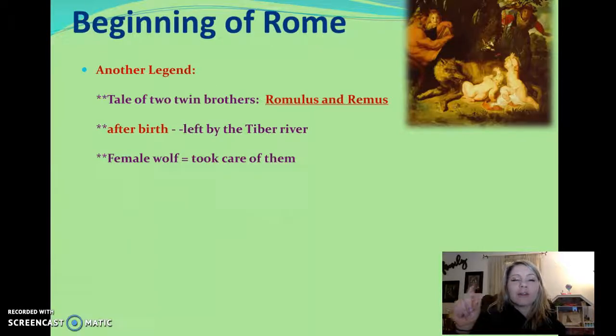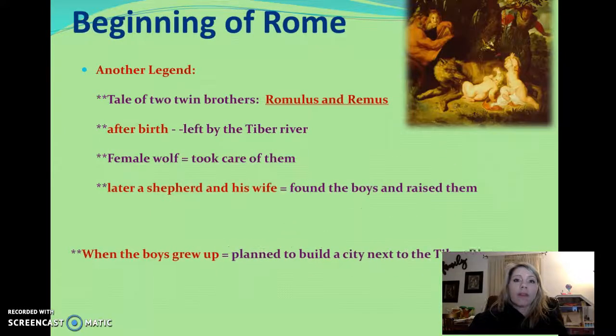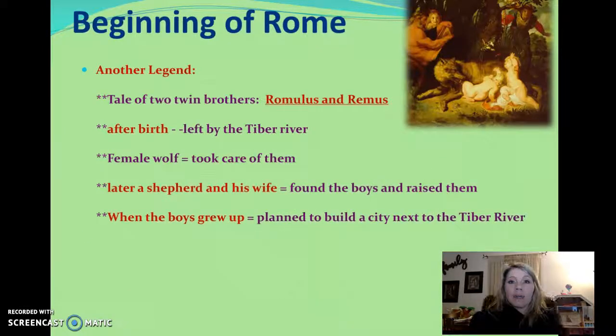So we can see there's a few flaws in this story. As time went on, a shepherd and his wife found the boys and they're going to raise them. As the boys got older, what they wanted to do was create a city by the river that they were saved by. So they're going to build this city together as twin boys because they were so lucky to be alive.